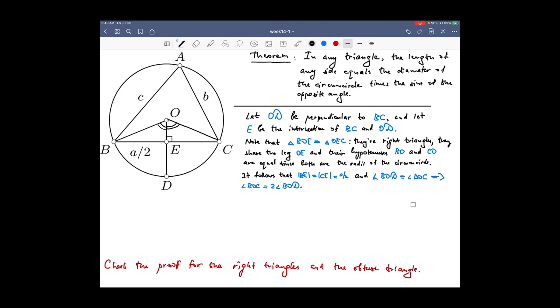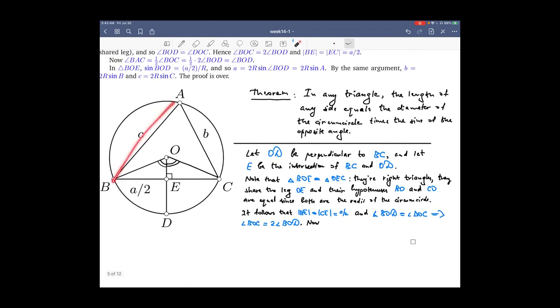Now, let's talk about the angle BAC. The angle BAC is inscribed, and by the result of the previous page, the angle BAC equals half the corresponding central angle BOC.